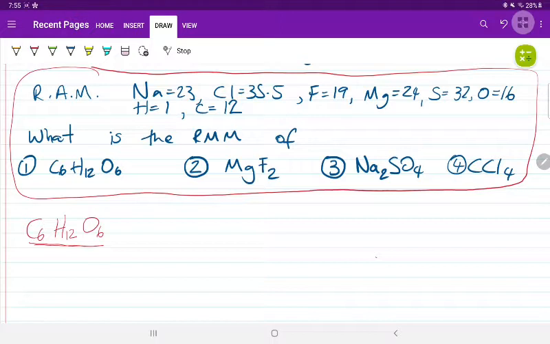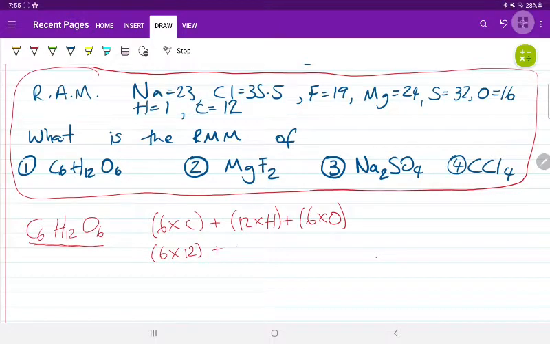C6H12O6, that's glucose, okay? And it consists of 6 carbon atoms, 12 hydrogen atoms, and 6 oxygen atoms. So the relative atomic mass for carbon is 12. The relative atomic mass for hydrogen is 1.